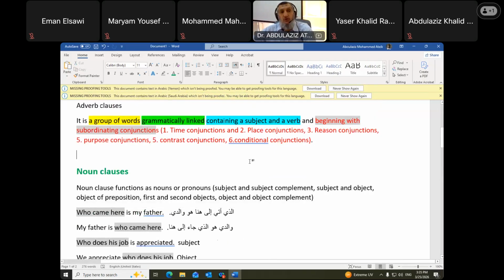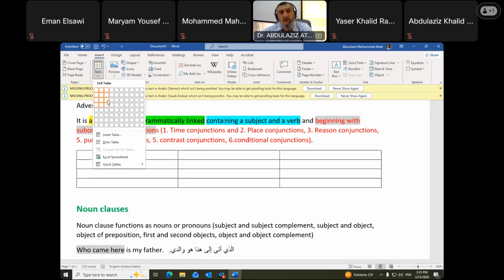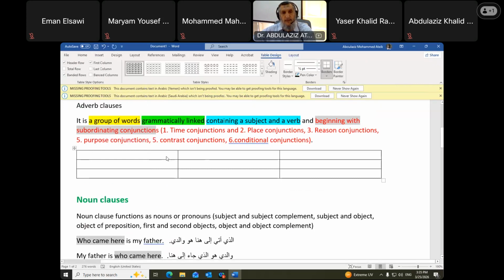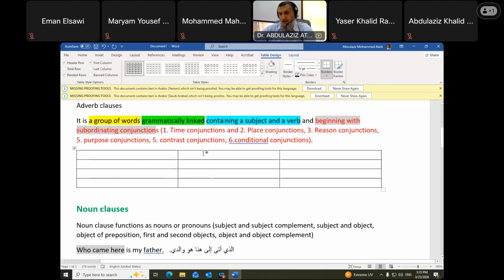You have to differentiate between function and type. Type. Function. Noun clauses are here.